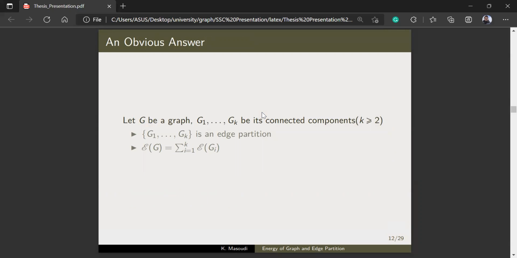At first we want to say an obvious answer. Let G be a graph and G1 to Gk be its connected components, when k is more than 2. It's easy to see that G1 to Gk is an H partition, and obviously we can see that the energy of G is equal to the summation of the energies of Gi.